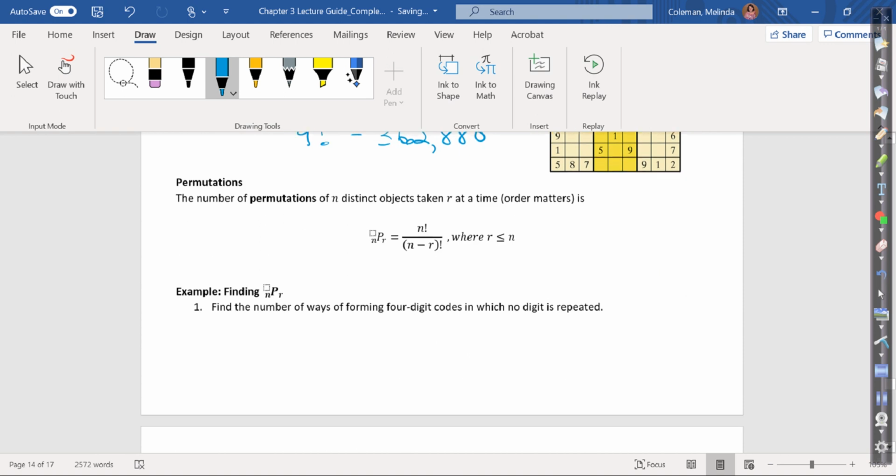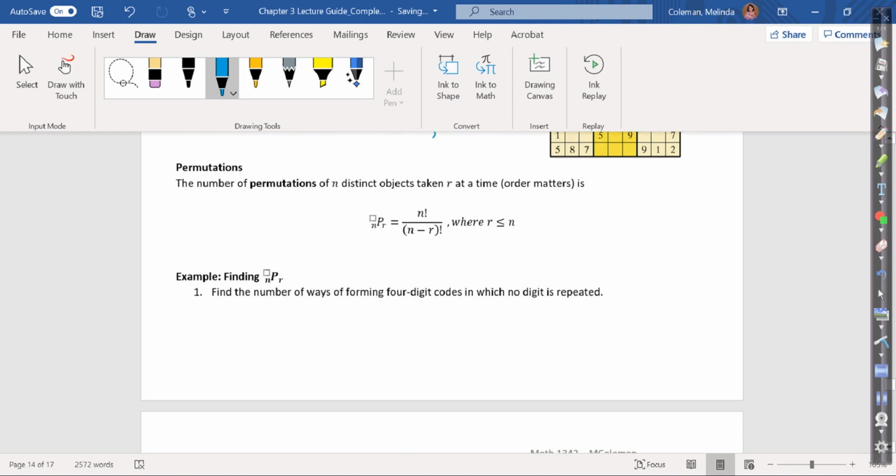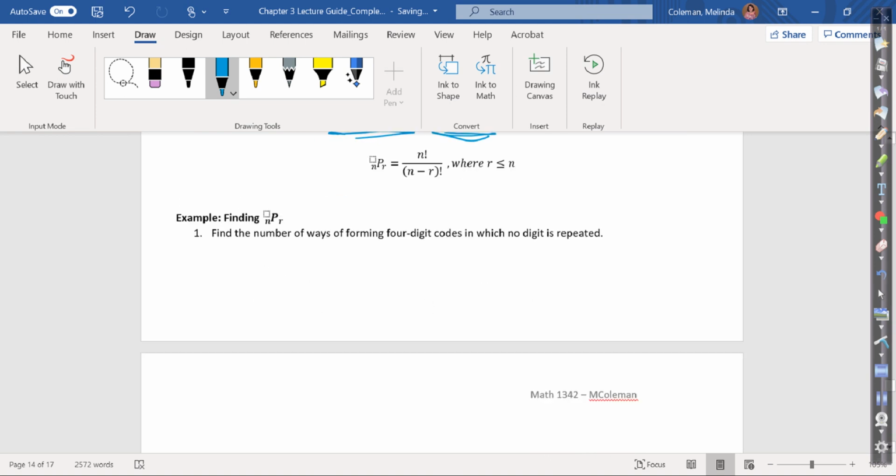All right. So what makes permutations a little bit different and gets us away from slot problems is now it says find the number of permutations of n distinct objects taken r at a time. And again, order matters. So the order we put these in definitely matters.